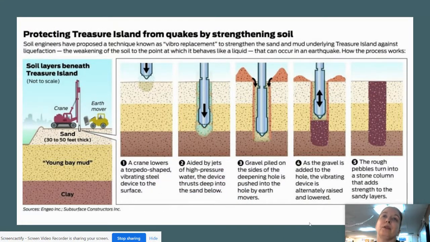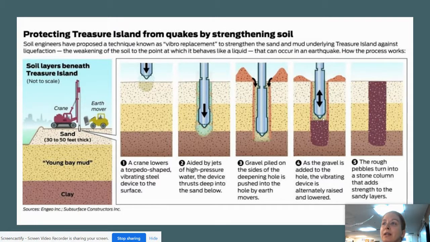So this I thought was really cool. Protecting Treasure Island. Sand and other soils like that tend to do what is called liquefaction, which is when the soil gets so weak it actually flows and behaves like a liquid, which can happen after, say, an earthquake. So what they do is they lower this little torpedo-shaped vibrating steel device, and they kind of hollow out an area with high pressure water.